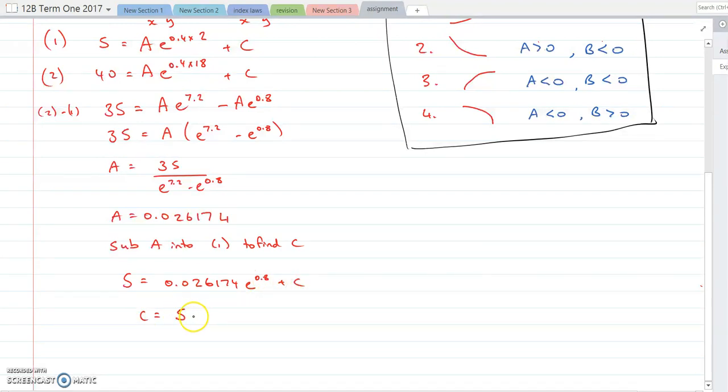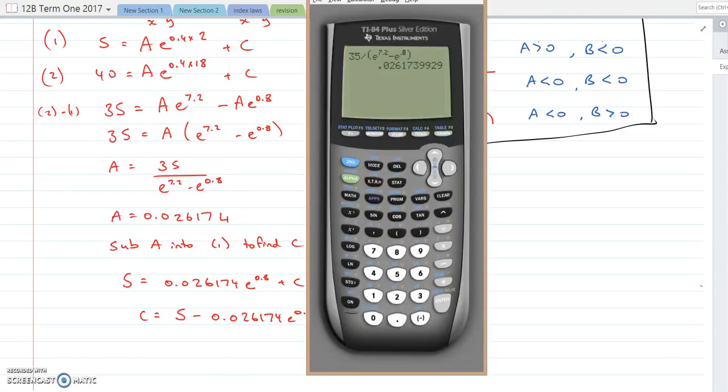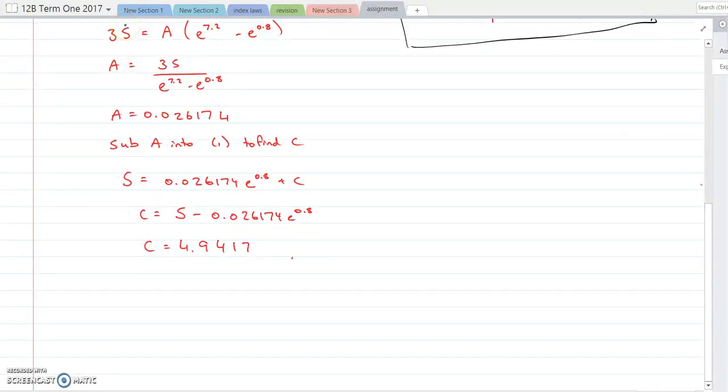So c is going to be 5 minus all of this: 5 minus e to the power of 0.8 times 0.026174. Right, so c equals 4.9417.